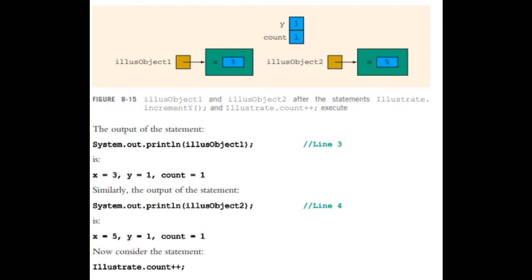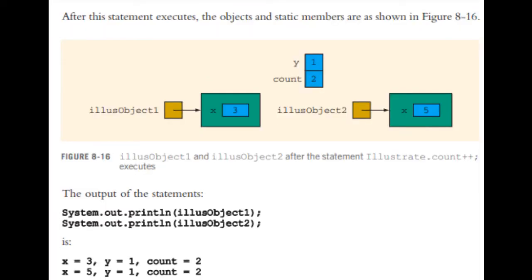Now consider the statement Illustrate.count++. After the statement executes, the objects and static members are as shown in Figure 8-16.